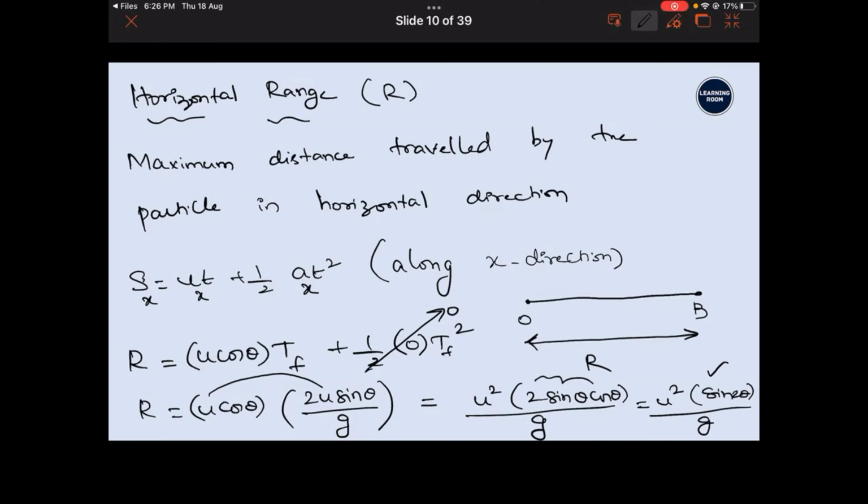2 sin theta cos theta is sin 2 theta. You know this, right? Sine of a plus b is what?